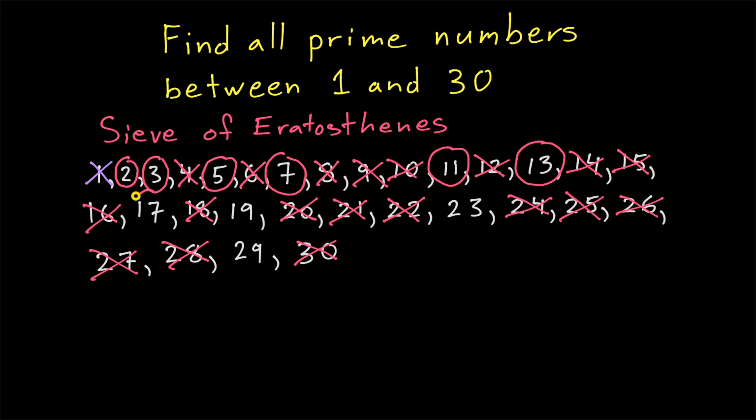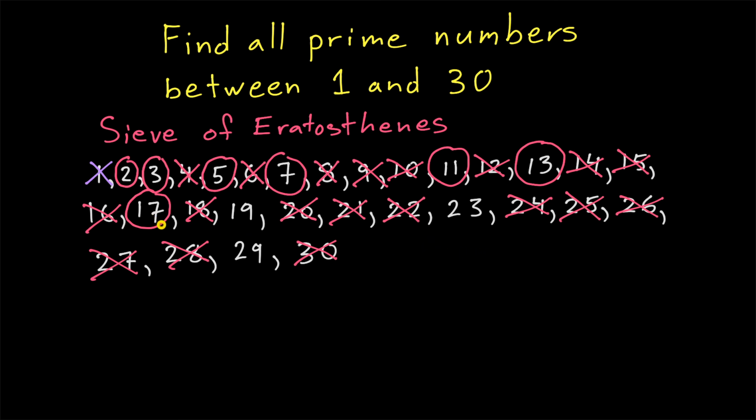But in this case, if we circle 17, then we don't have to cross out the next multiple of 17 because 17 times 2 is already 34, which is beyond our list. So we just circle it and we don't have to cross out any other multiple of 17 because it's already beyond our list.